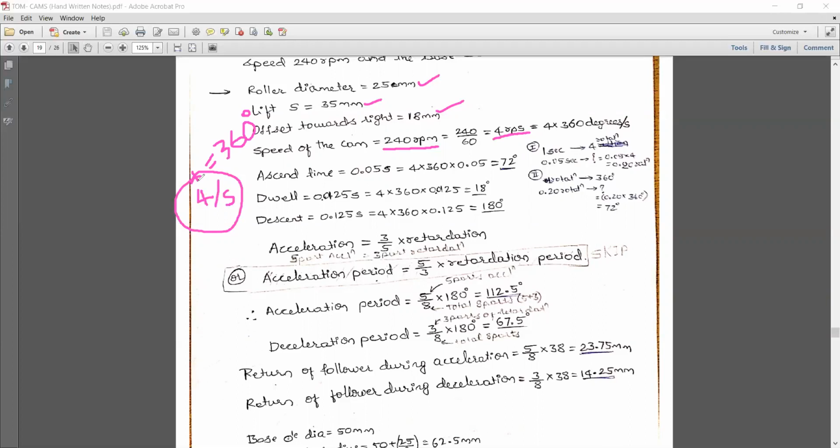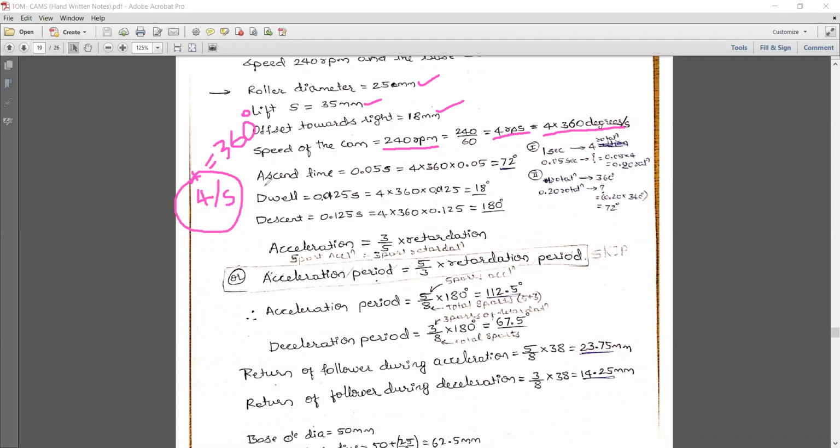So in 1 second, it is rotating 4 times 360 degrees. That is what I have written here: 4 times 360-degree rotation in 1 second. Clear?